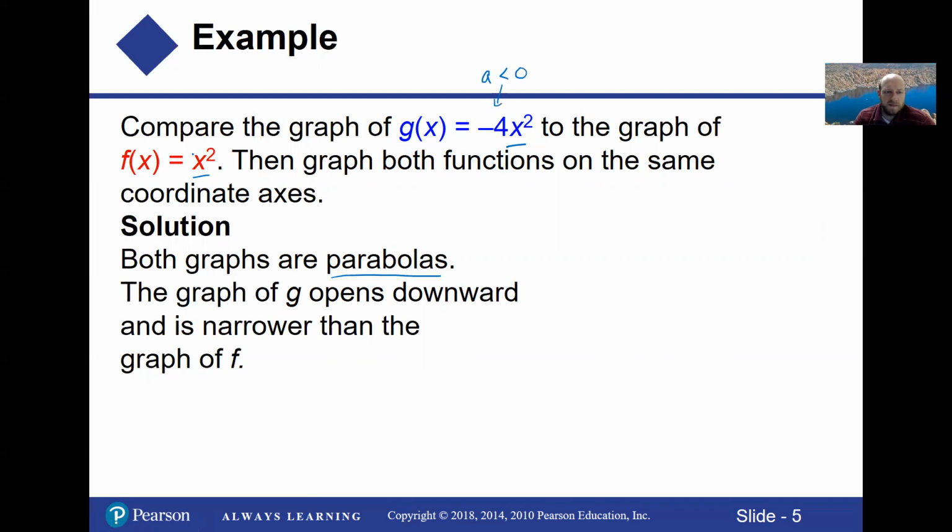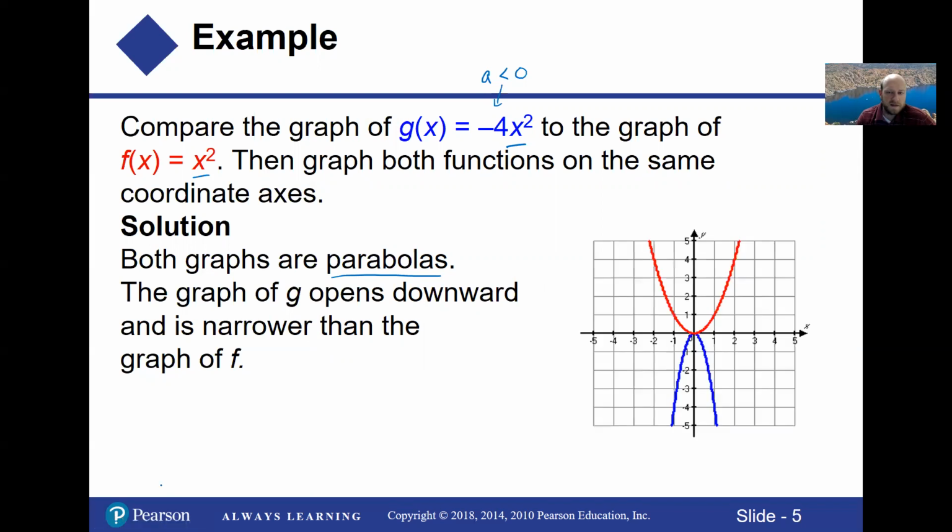So it opens downward, and then it's also narrower than the graph of f, because a is less than negative 1, or the absolute value of a is greater than 1 is another way you could say it.